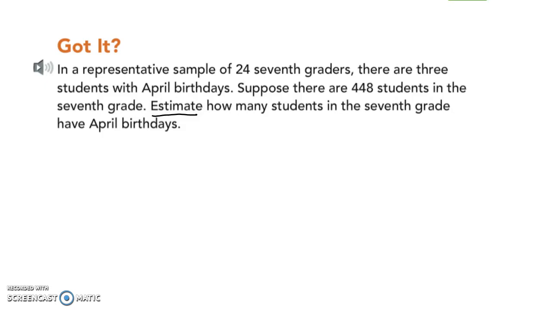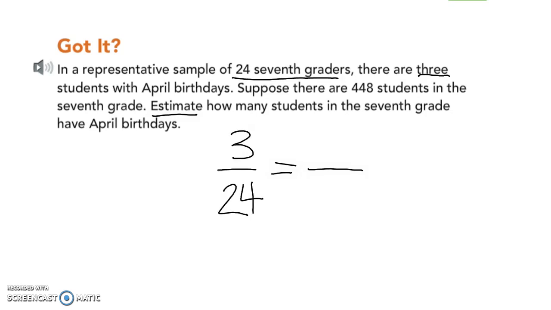So I know from the representative sample, I'm going to put that information on the left side of my proportion, and then I'm going to put the population on the right. So I see in my representative sample, there's 3 April birthdays out of 24 7th graders. This is coming from my representative sample. Then, remember this represents April birthdays, and this is the total.